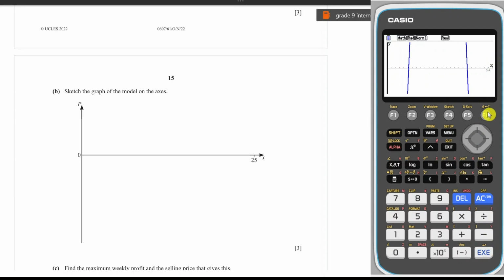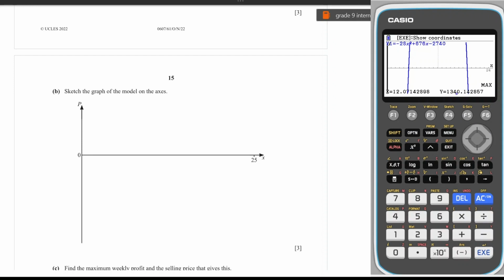Let's draw it. Okay, so this is the problem here. So we just need to scale it down also. We'll just see what is our maximum. So shift gsolve, what's my maximum. Okay, so my maximum is somewhere close to 1340.